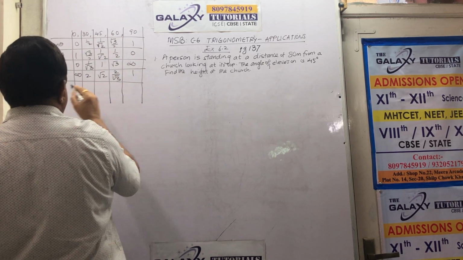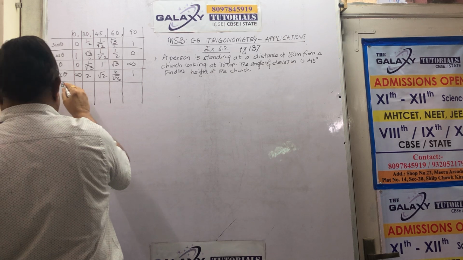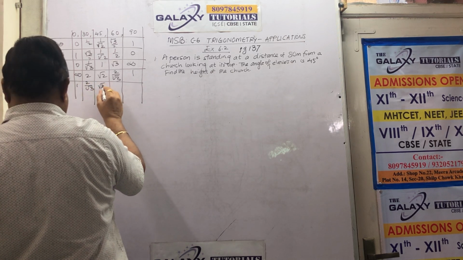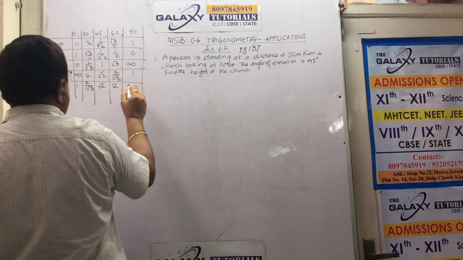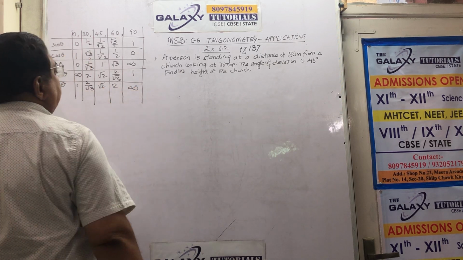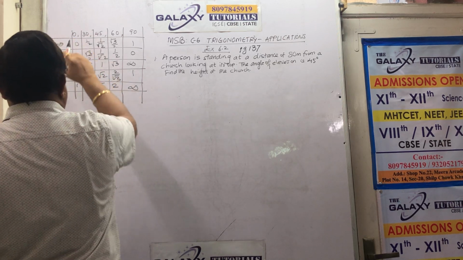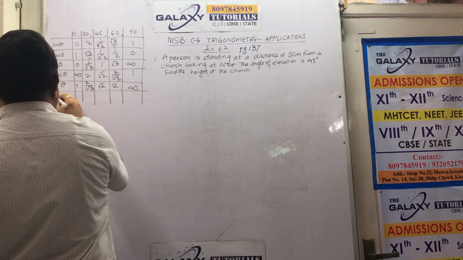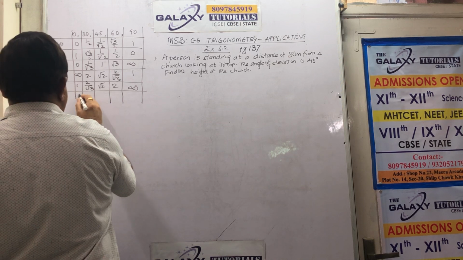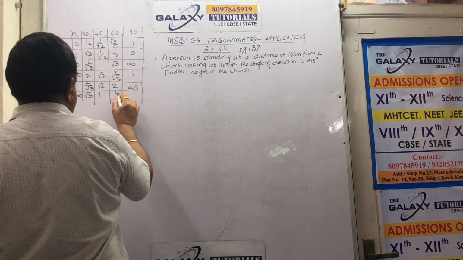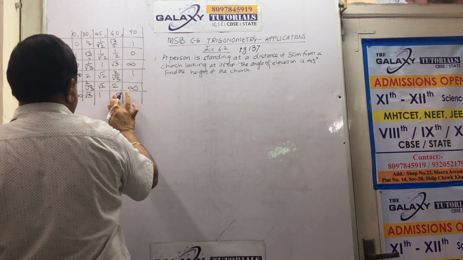Then we will write sec theta: 1, 2 upon root 3, root 2, 2, not defined, the reciprocal of cos. Remember the basic: if you know 2, you can find out all. Cot theta: not defined, root 3, 1, 1 upon root 3 and 0.